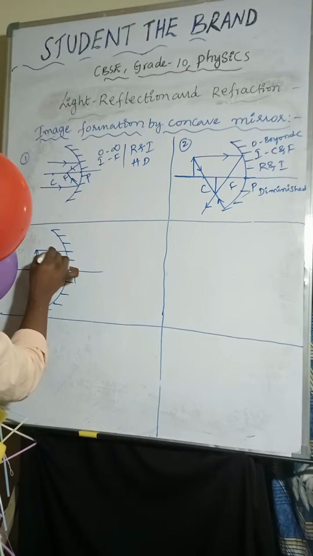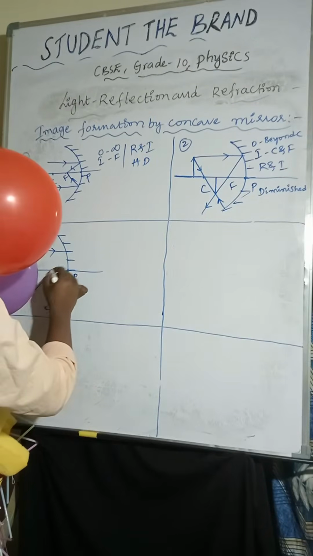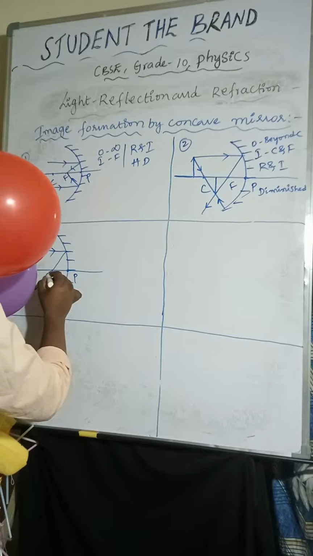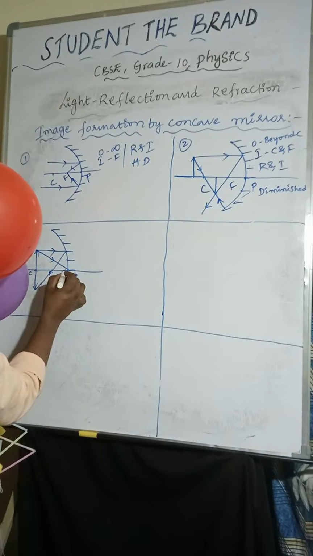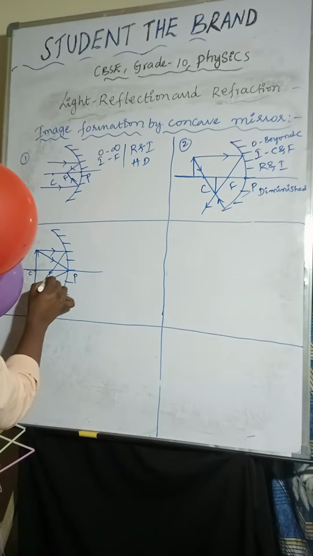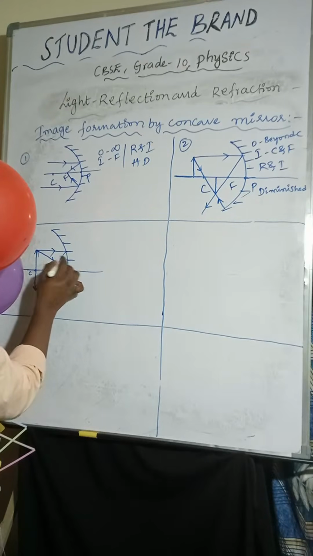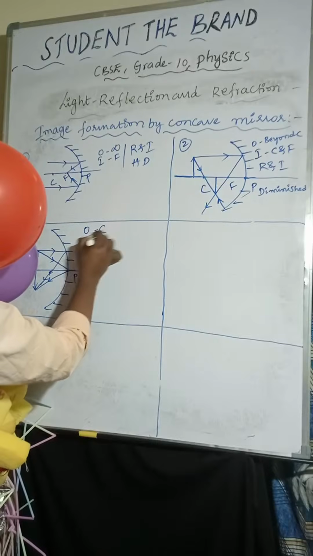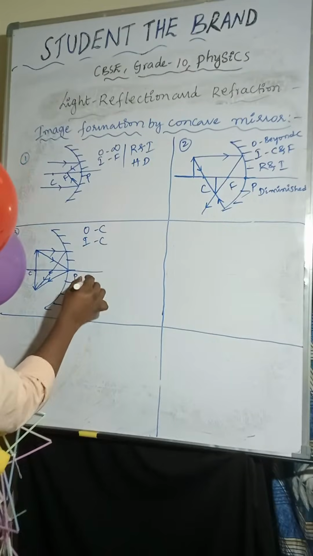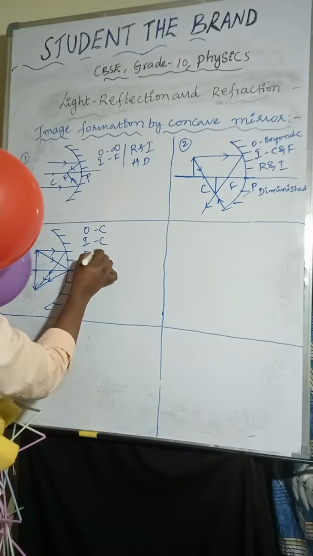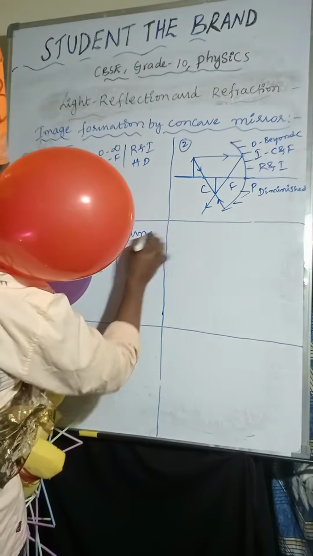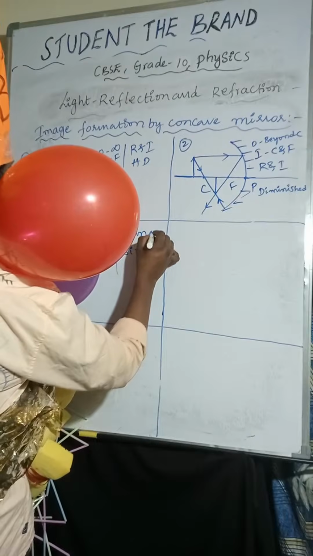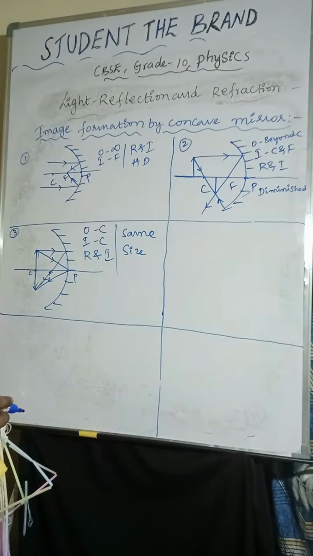So one light ray I am taking like this, it passes through focus. Another light ray is passing through pole. Object is placed at C, image also will form at C. Nature of the image is real and inverted, and size of the image is same size. Coming to the fourth one.